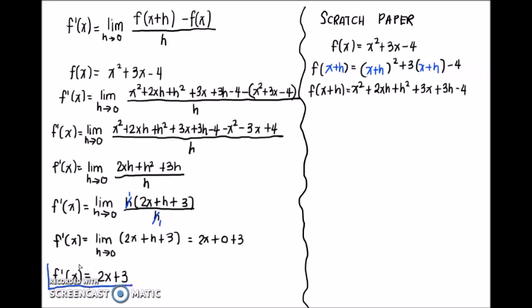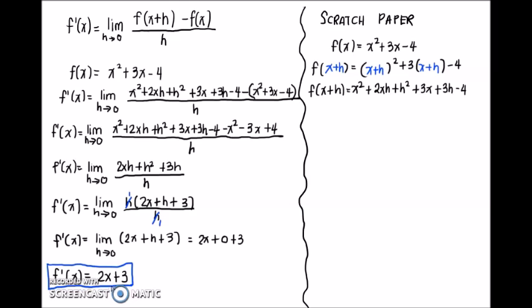So miss, our derivative is 2x plus 3. It means that the slope of the tangent line is 2x plus 3. Why is there still a variable? Kasi walang binigay sa atin na exact point.